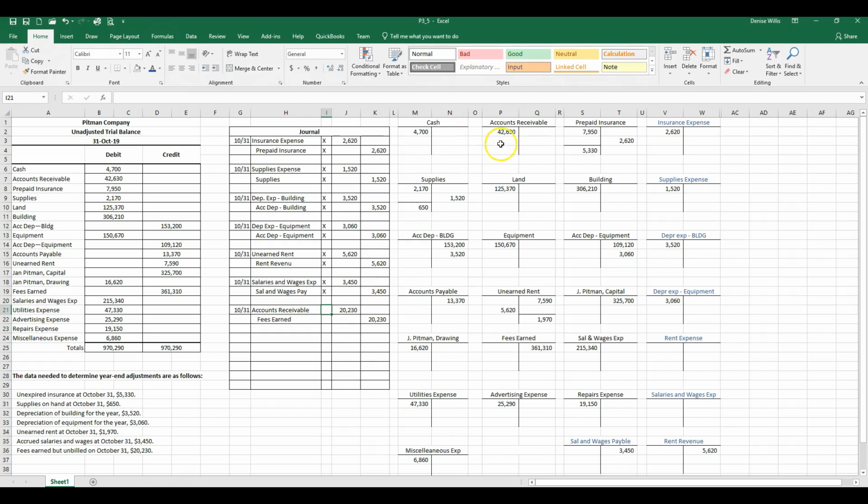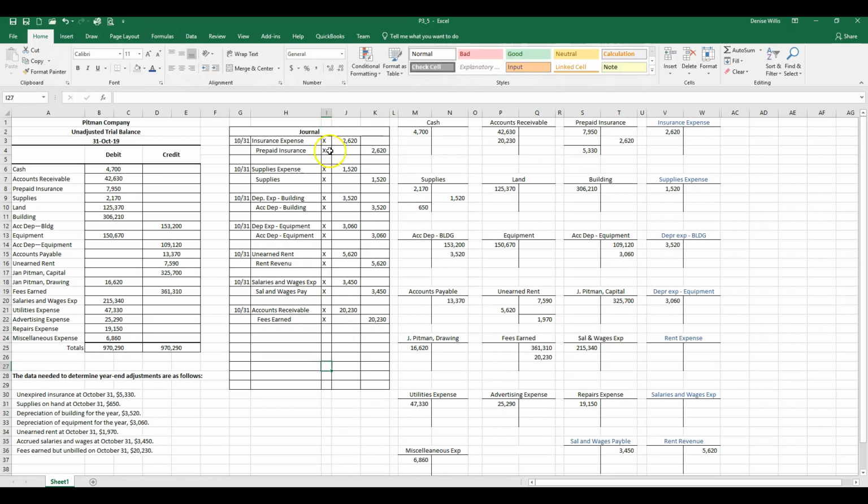We need a debit of $20,230 into accounts receivable. Okay, and let me mark that I transferred that. And fees earned, right over here, it gets an additional credit of $20,230. And let me mark that we did that.